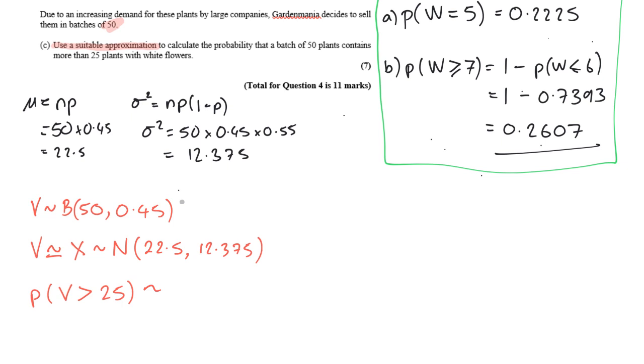And that will be approximately equal to the probability that X is greater than 25.5. We need that half point continuity correction. And we can do that directly on the calculator now using the normal distribution, normal CD, and that gives us 0.1969. That is worth 7 marks.